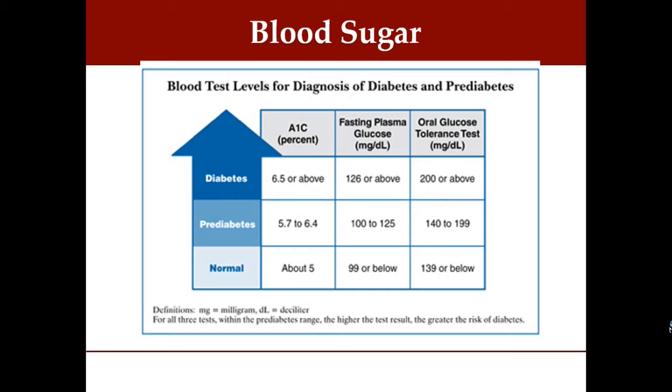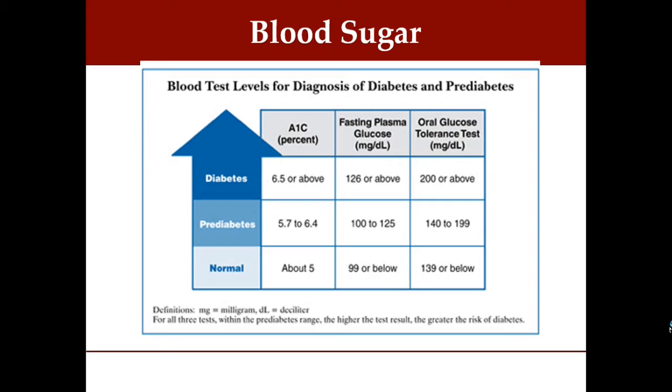Specifically, this column is looking at taking your blood sugar, not just at any random time during the day, but specifically when you haven't had anything to eat for at least 8 to 12 hours. If you get a blood level of 126 or higher on 2 separate occasions, that's also considered diagnostic for diabetes. You can see there that 100 to 125 is considered a little bit abnormal, where we need to watch, and 99 or lower is considered normal for that test.